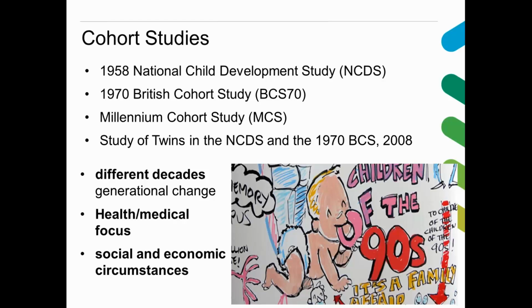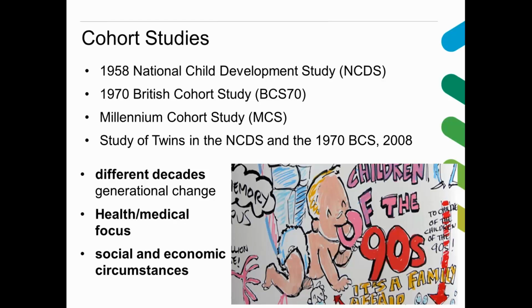And we have three of the main cohort studies currently, and that's the 1958, the 1970 and the Millennium cohort studies. There is also a data set which combines the 1958 and 1970 cohorts, and that's designed specifically to allow the studies of twins.